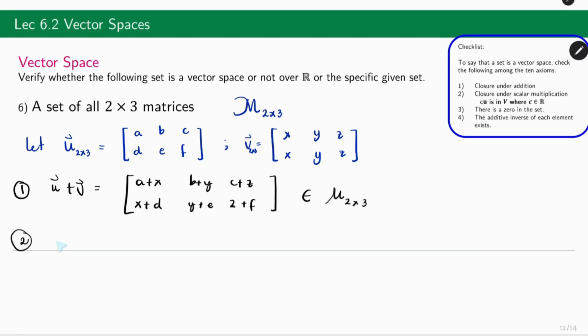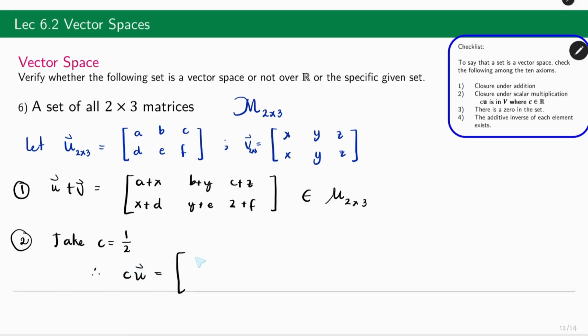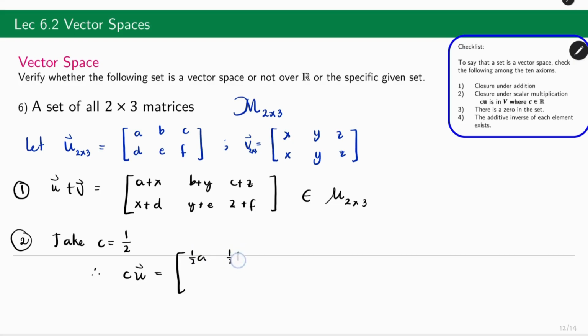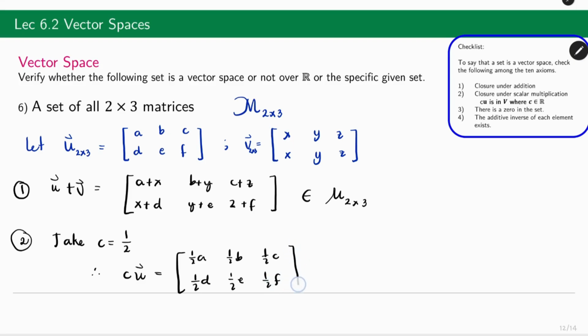Next, let's have the scalar multiplication. Take C equal to 1/2. Thus, C times the vector U is equal to 1/2 A, 1/2 B, and so on. This is still an element of the set of all 2 by 3 matrices, and all of the values here are also real.